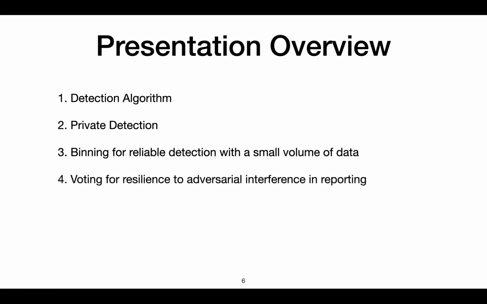I will then describe an extension of this algorithm which increases resilience to adversarial reporting via voting. Finally, I will discuss practical aspects of our algorithm, including the computational and communication overhead, and experimental results demonstrating its performance.